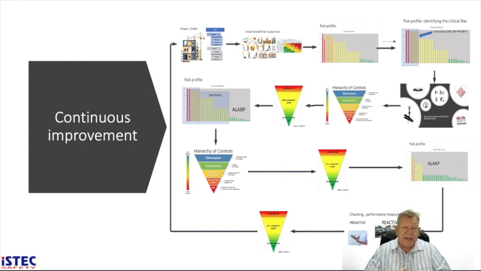This whole process of risk assessment, risk management, implementing controls, checking them, is what we call an iterative process. It's not something that happens once and then it is finished. It continues. It starts here when we look at the context for the project or the activity or organization.